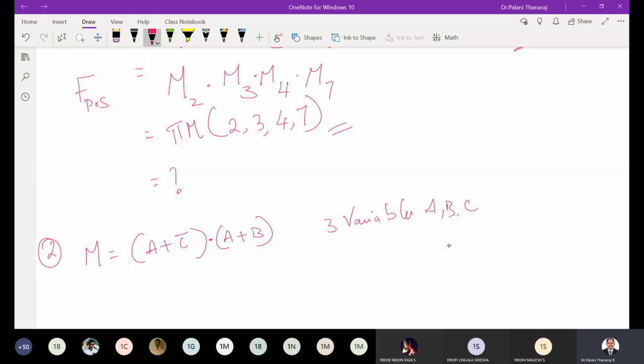A sum term becomes a max term only if it has all the variables in some form. Here B is missing, and here C is missing.